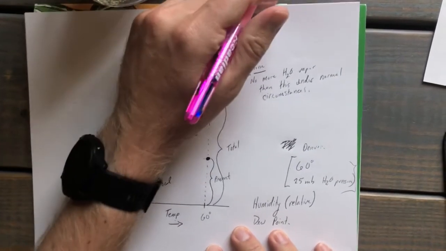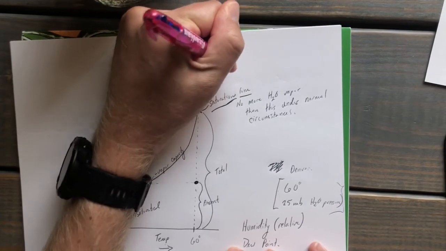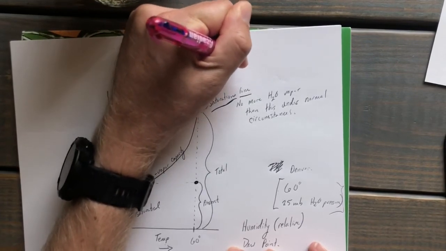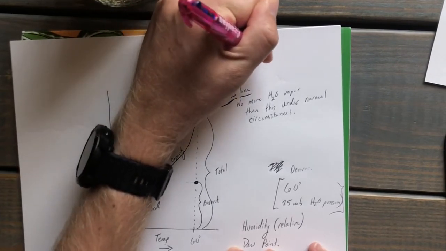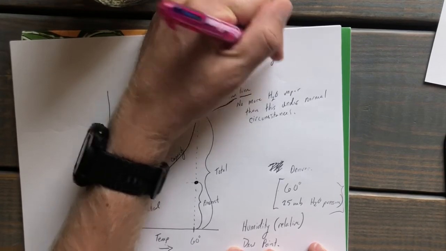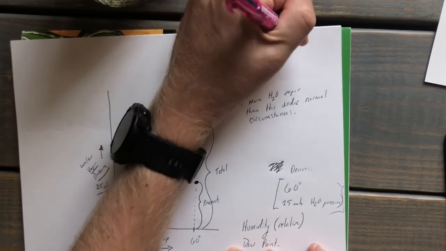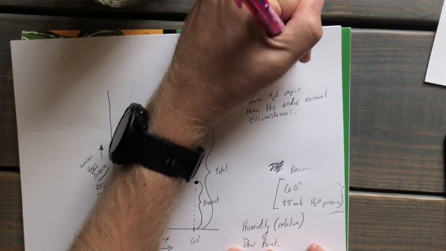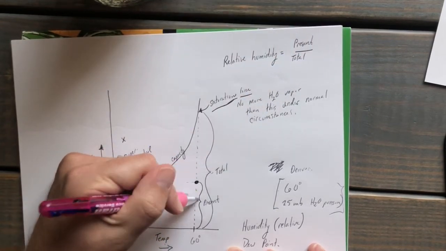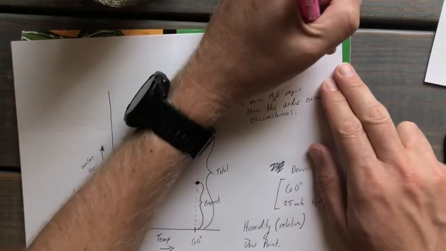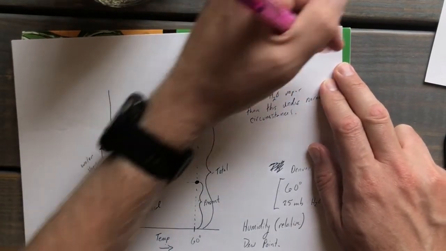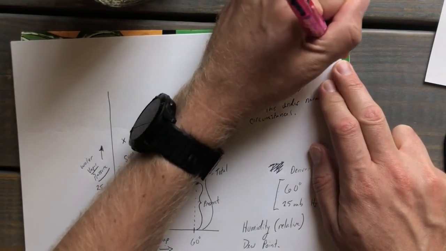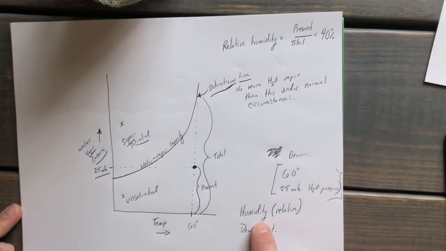So relative humidity is equal to the present divided by the total. And it's a percentage, so in this case it looks like it might be around 40%.